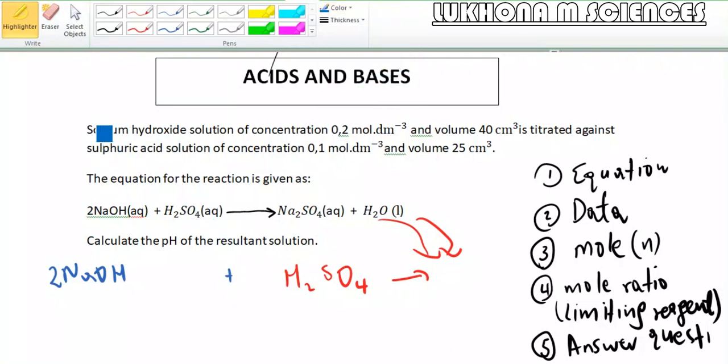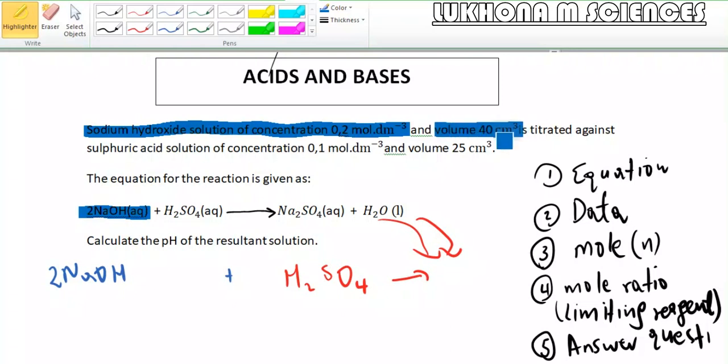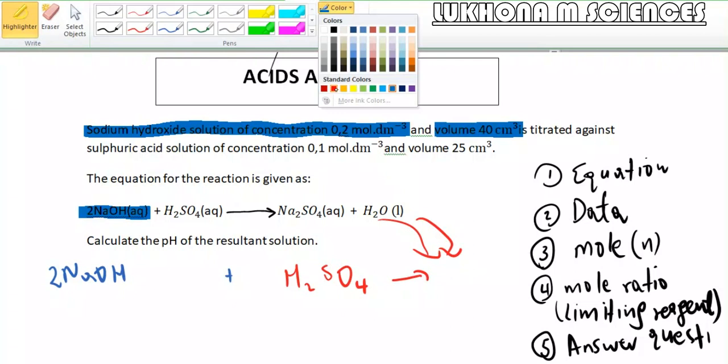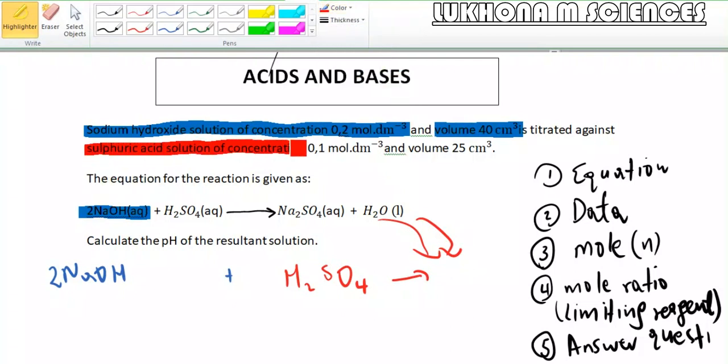The sodium hydroxide solution of concentration 0,2 and the volume of 40 centimeter cube is titrated against the sulfuric acid of concentration 0,1 and the volume of 25 centimeters.